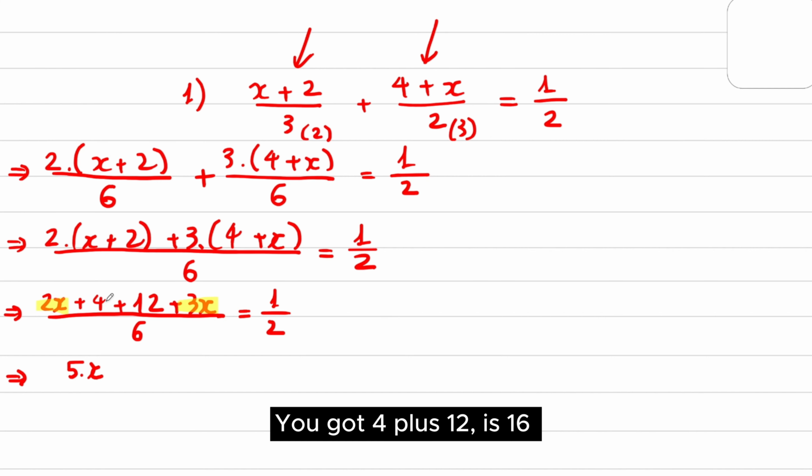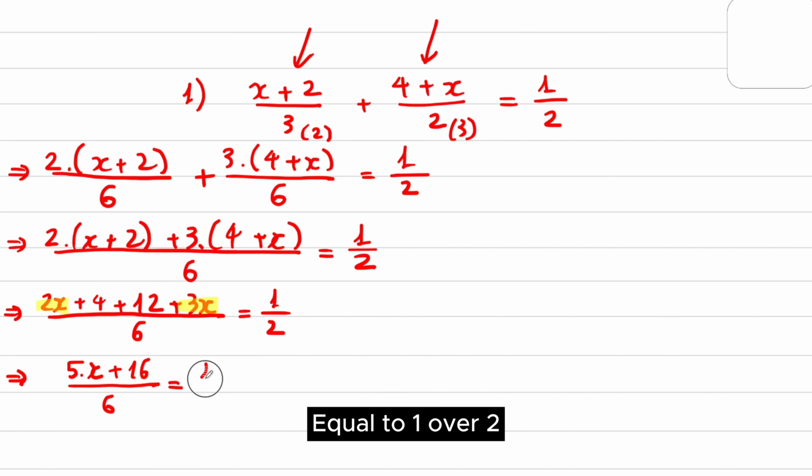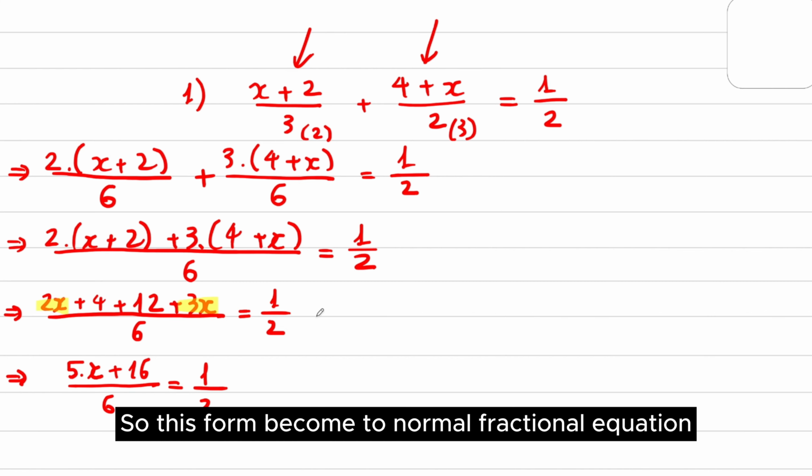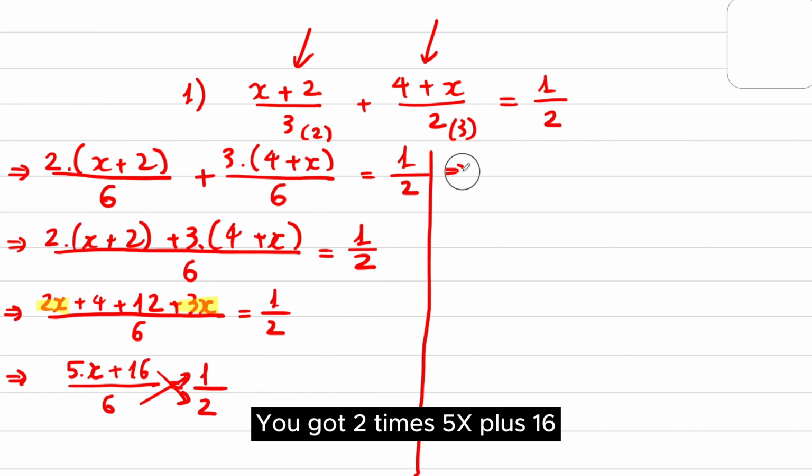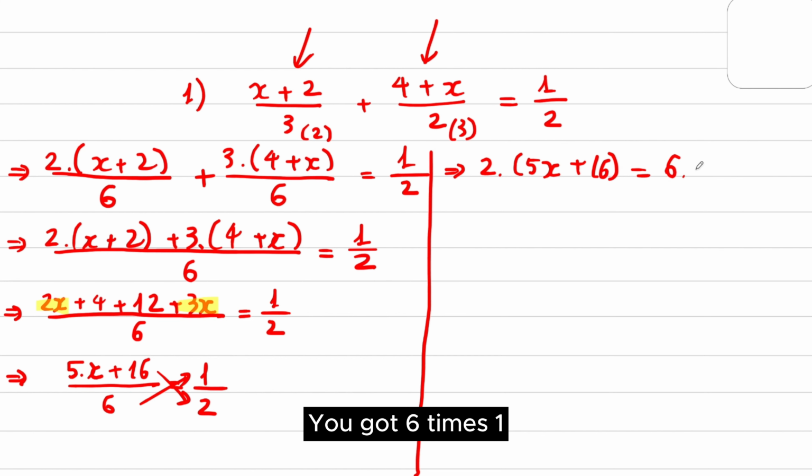And the other one, you got 4 plus 12 is 16 over 6 equal to 1 over 2. So this form becomes a normal fractional equation. Apply the cross line or diagonal method, you got 2 times 5x plus 16, and on the other side you got 6 times 1, the other arrow.